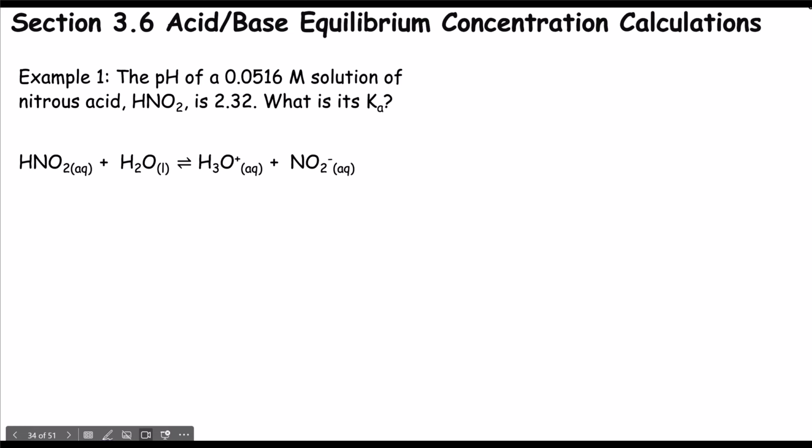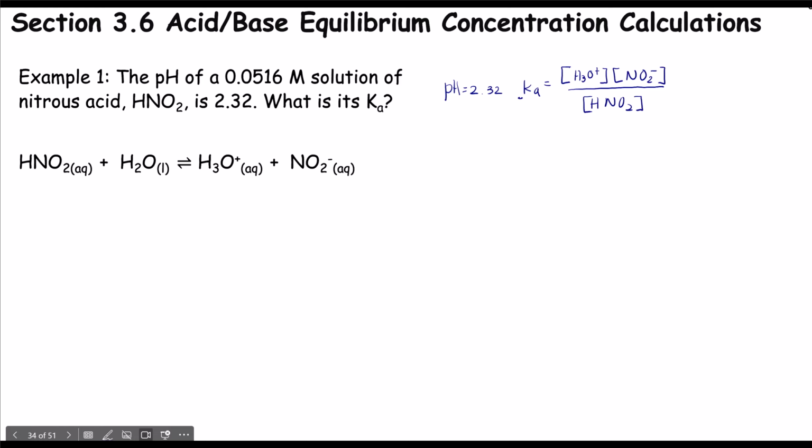So we know that the pH is equal to 2.32. We also can set up the Ka equation, which is hydronium concentration times NO2 minus concentration all over the HNO2 concentration.